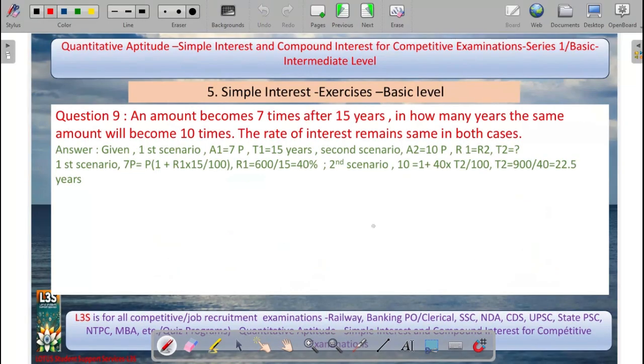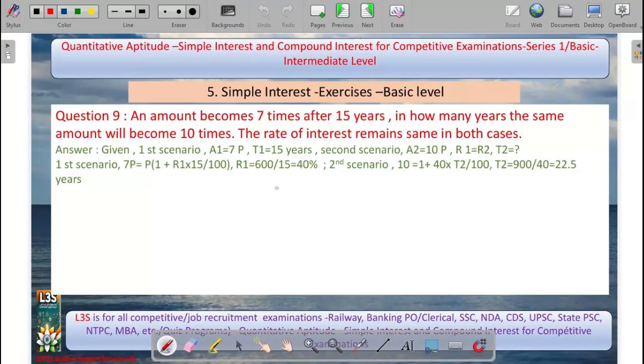Next question. An amount becomes 7 times after 15 years. In how many years the same amount will become 10 times? The rate of interest remains same in both cases. So in the first scenario, an amount becomes 7 times after 15 years.